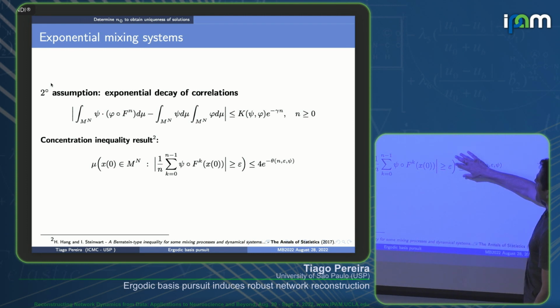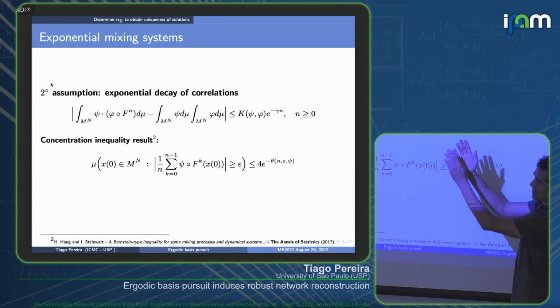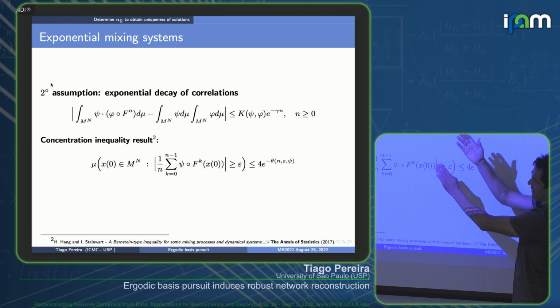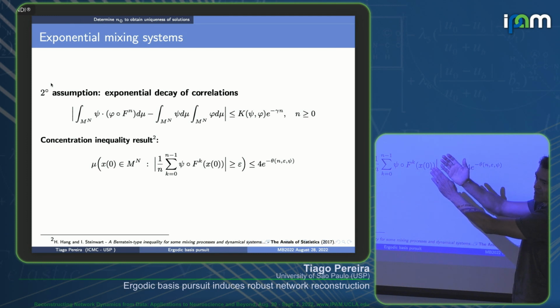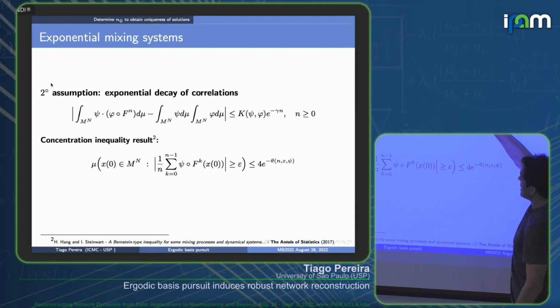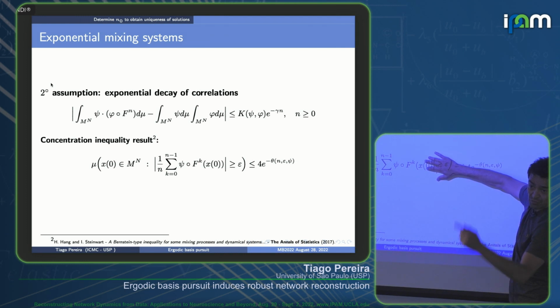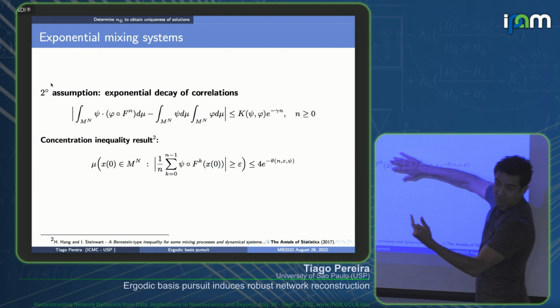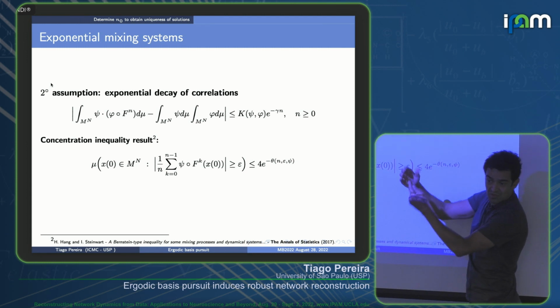What I'm telling you is the following. I noticed that the product is going to a Birkhoff sum when n goes to infinity. I want to make n small. What do I do? I use something that's stronger, called exponential decay of correlations. If I use this, I can control the measure of the points that will give me good statistical properties for this correlation.